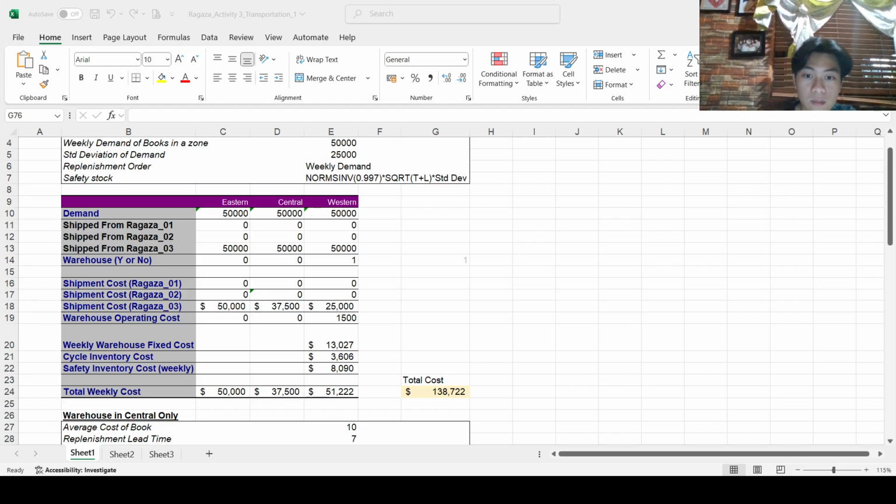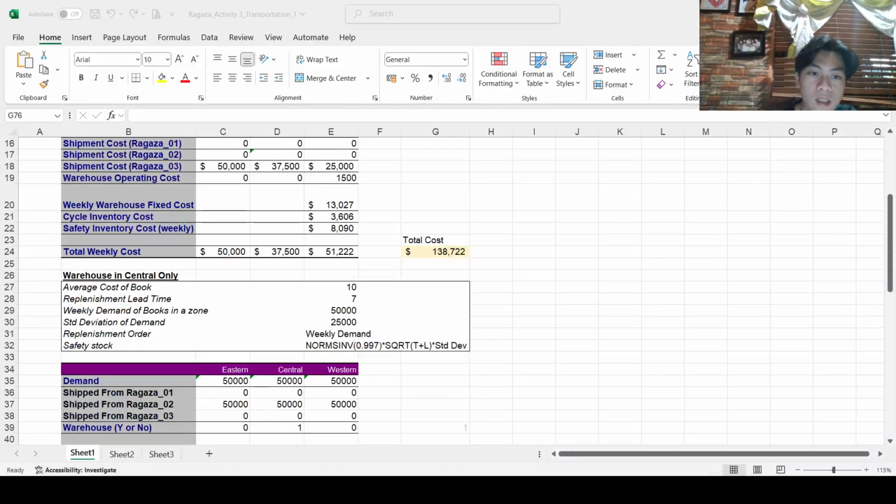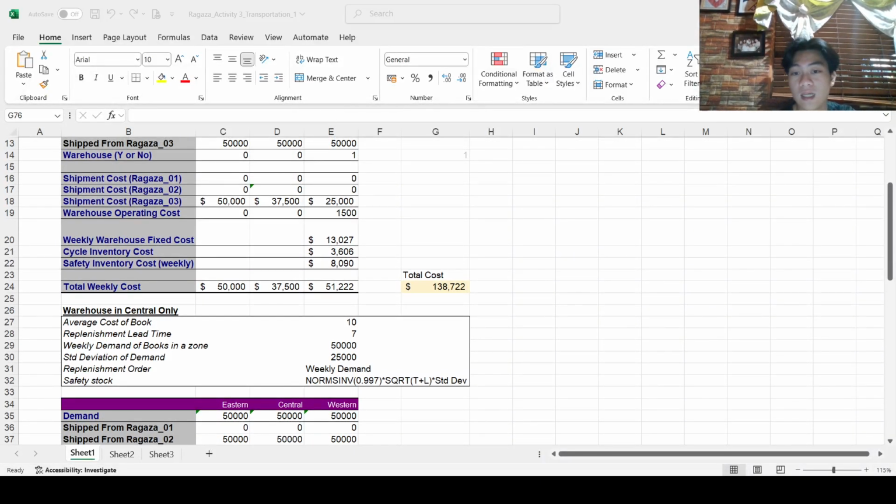138,722 as the most expensive of all, and incurs a high cost of shipping and needs an additional safety stock as seen in the first table.